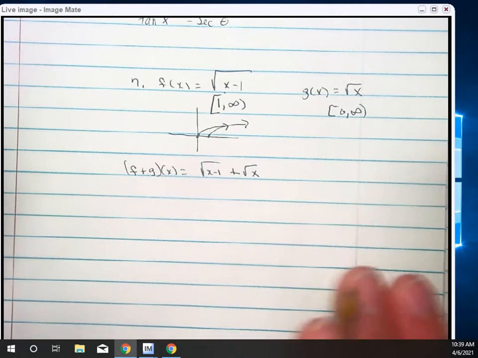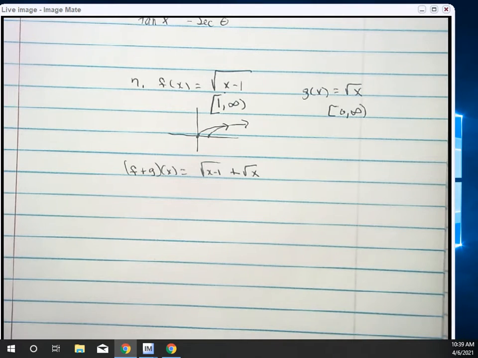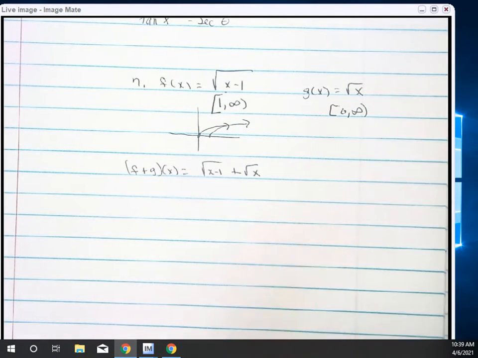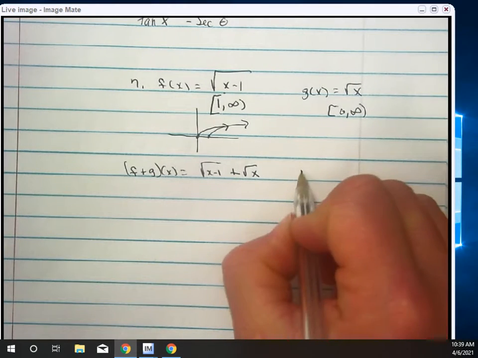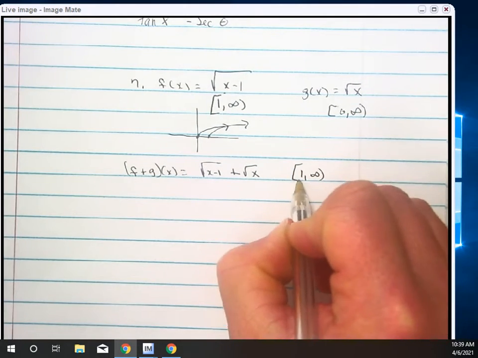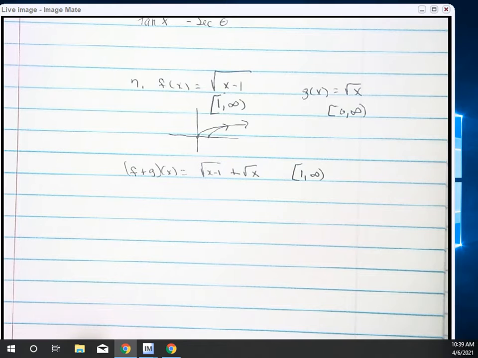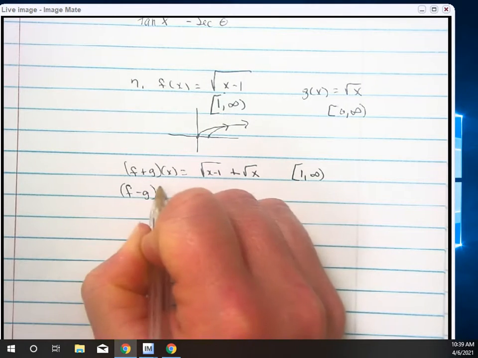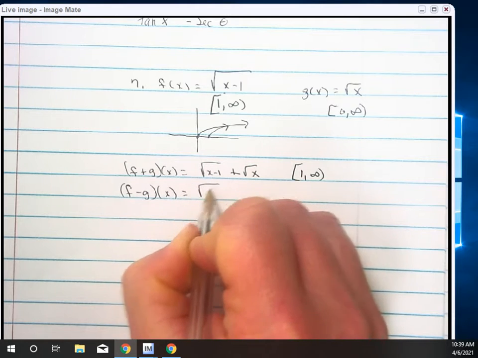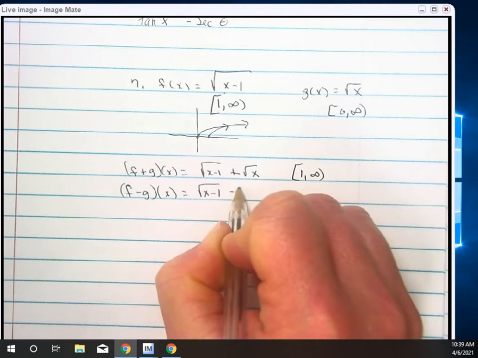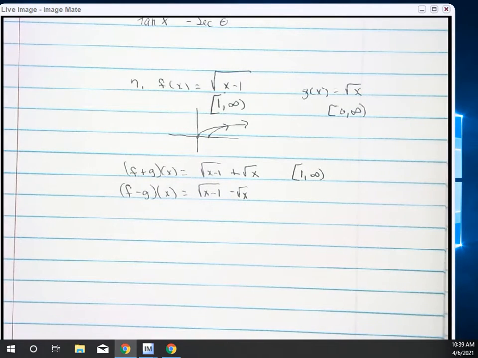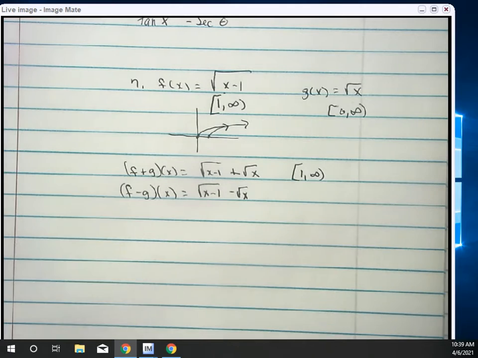Now, which domain is more restrictive? 1 to infinity or 0 to infinity? 1 to infinity is the domain. We're going to subtract. You cannot subtract radicals unless the numbers underneath are identical, so that one will not simplify. What is the domain?